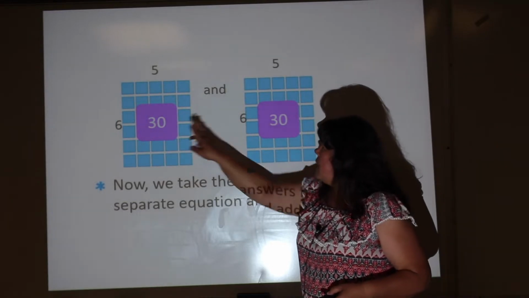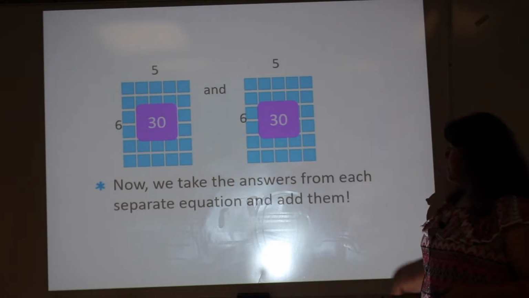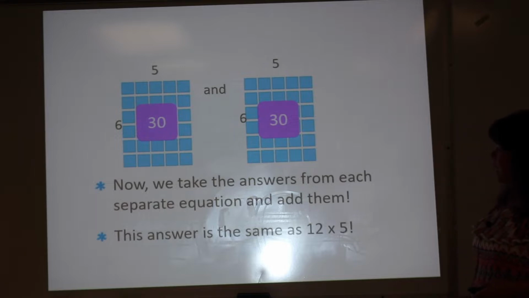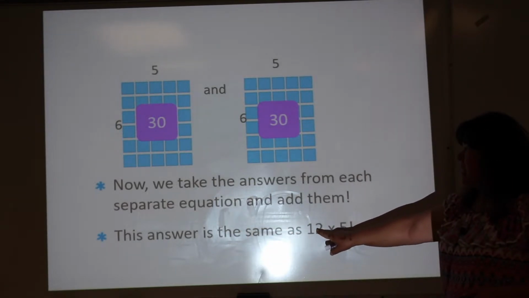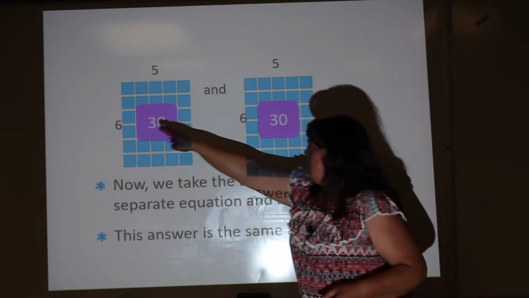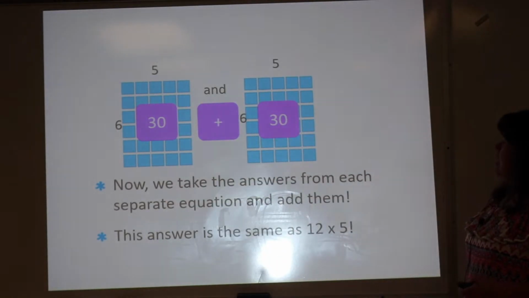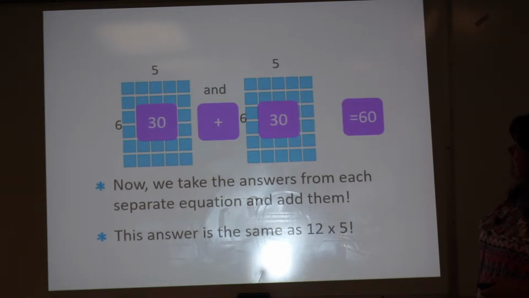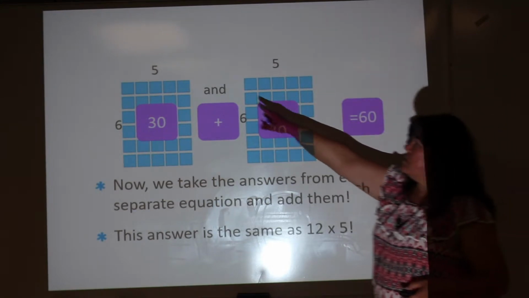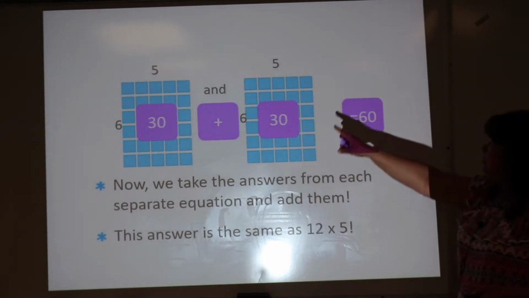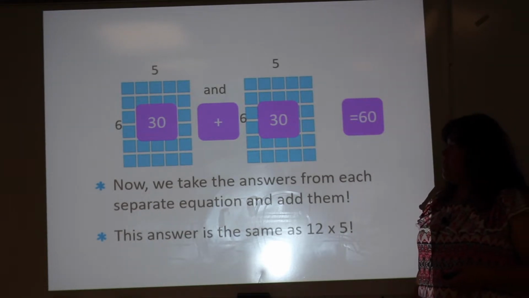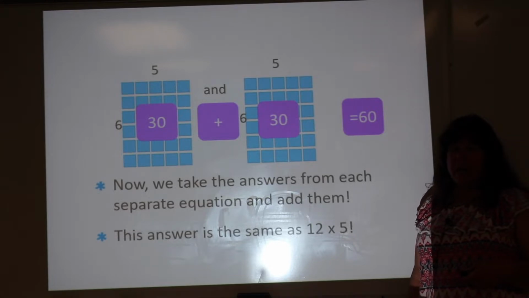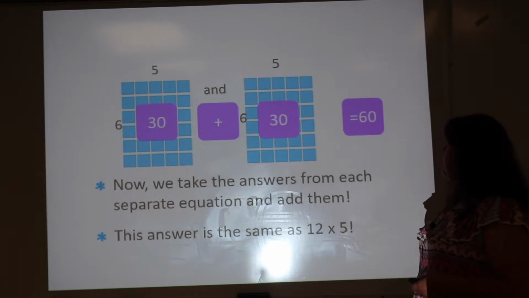We have our 30 here, and we have 30 here, and we add them. I still have a 12 times 5 because of these two 6s, and it equals 60, because "and" means to add. So 30 plus the 30 equals 60. So it's just an easier way to come up with the answer of 5 times 12.